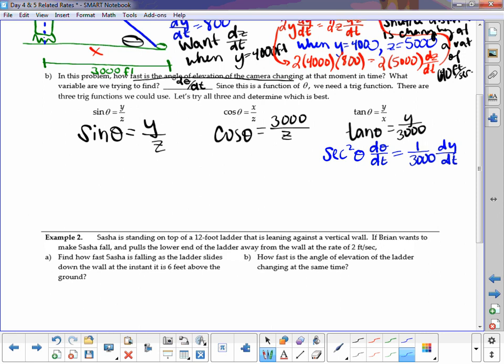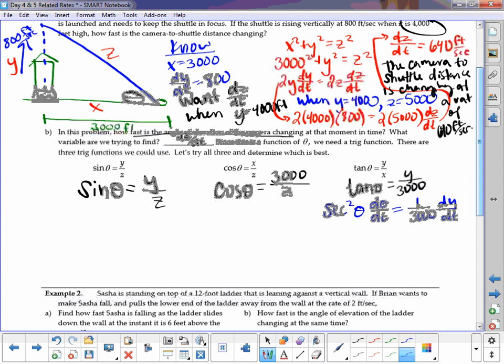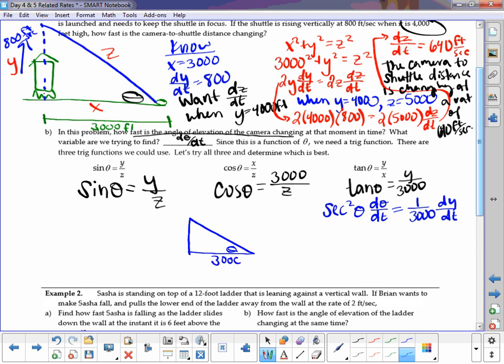Okay. So again, we want to find d theta dt. Let's substitute in the information we do have. Do we know what theta even is? No. But we do know the triangle that it's dealing with. I know x is a fixed 3,000.